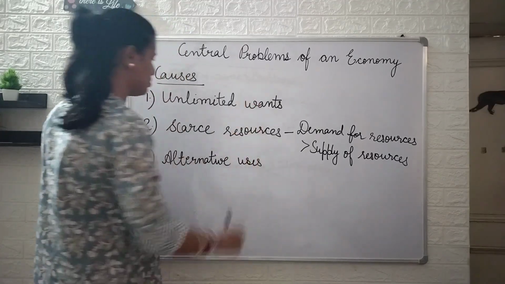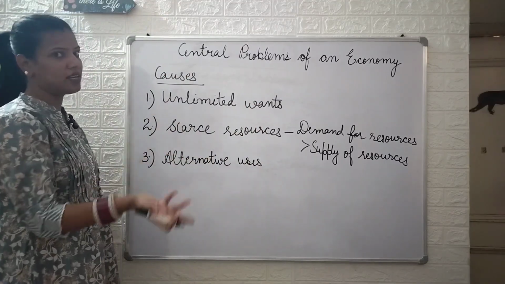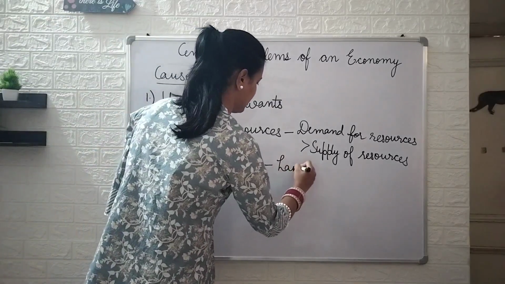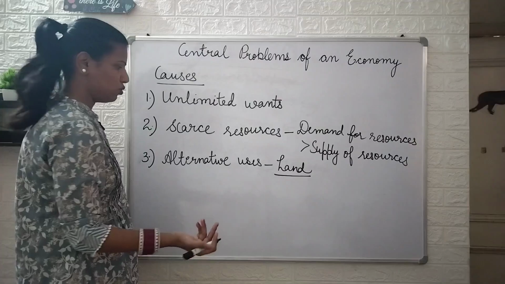The third point is alternative uses. These resources are scarce, but they have alternative uses also. Like we have land. Land is a resource. It has alternative uses.